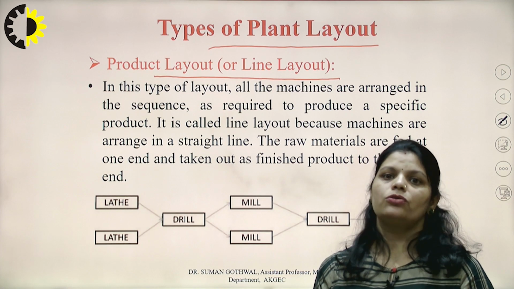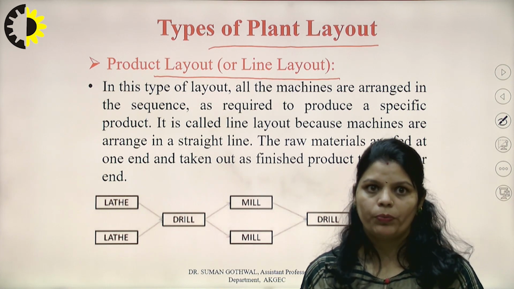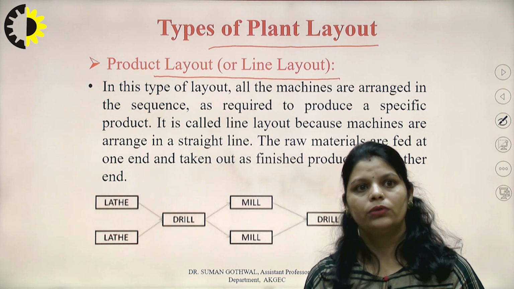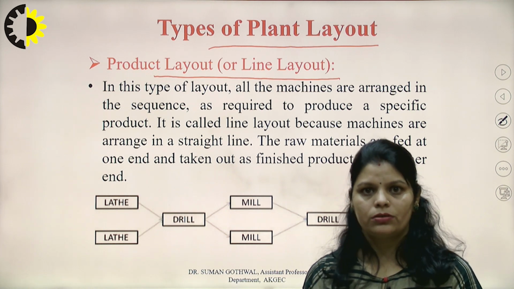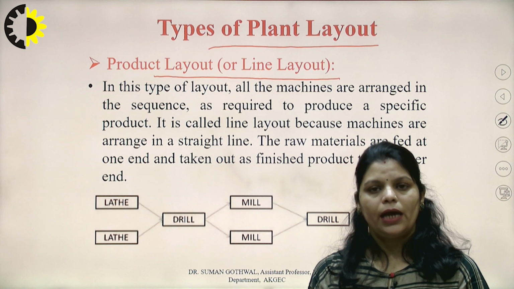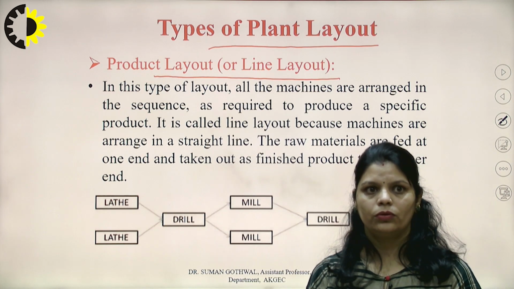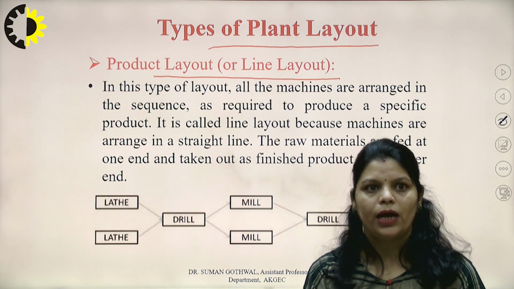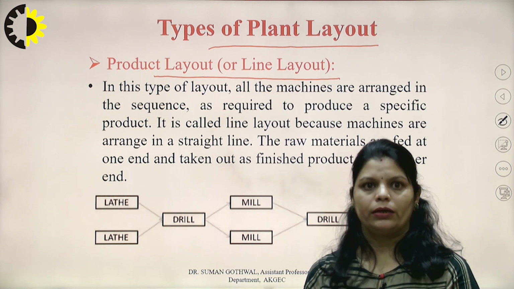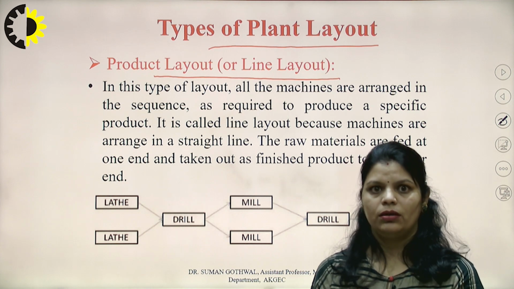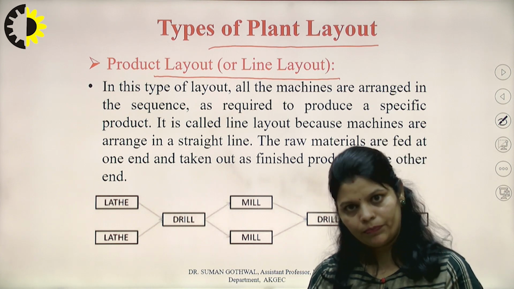If all the processing equipment and machines are arranged according to the sequence of operations of the product, the layout will be the product layout. In this type of layout, only one type of product is produced, meaning variety is very low, but the quantity can be high.